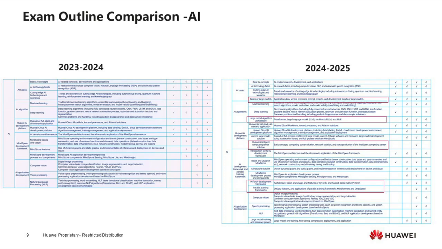In the AI direction, we have added the content of basics of large models. Large model is a very important topic for this year. It covers the application data and the service processes, promote projects and development trends of large models. All of these basic things about large models, you need to know about.